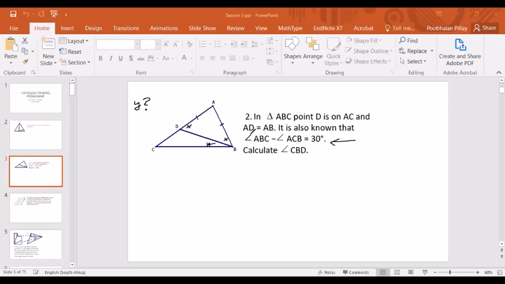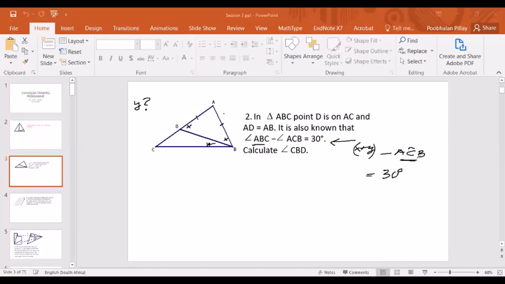ABC, that's your X plus Y. ABC minus ACB, we haven't given that any name, that's angle C, in other words, is given as 30 degrees.